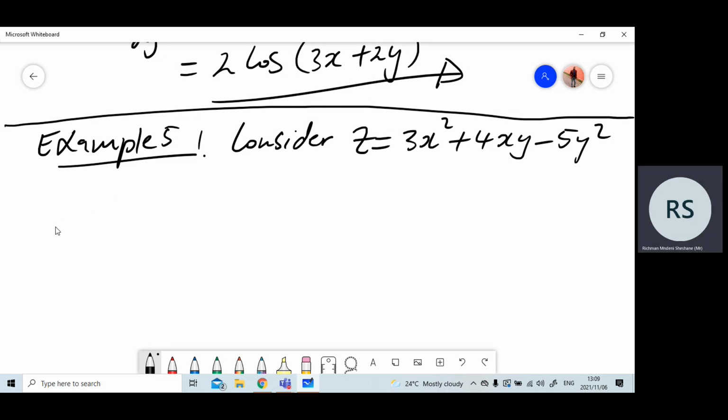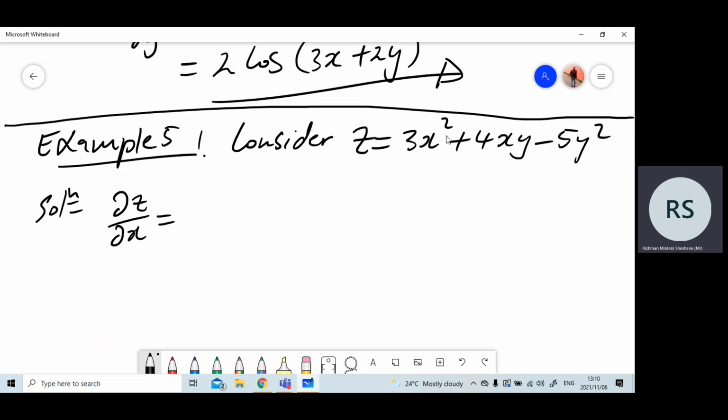We're going to find the first partial derivative, which is the first derivative, and then the second derivative, which we call the second partial derivatives. Okay, first let's find the first partial derivative. There are two first partial derivatives because we have two variables. The first partial derivative is going to be with respect to x.